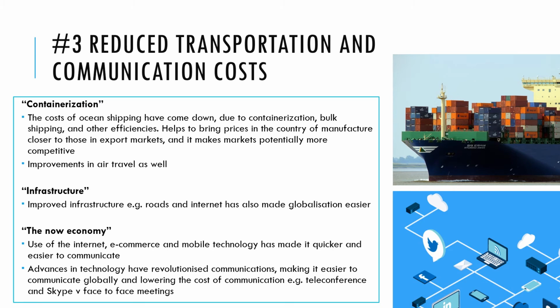If you think of Apple making their iPhone, bits need to be sent to various different countries. It's important that you're able to communicate with these different businesses. If you imagine trying to do that without the internet or without mobile technology, it would be very, very tricky. So these improvements in technology and communications have allowed globalization to take place.